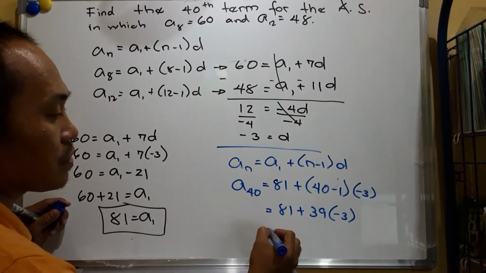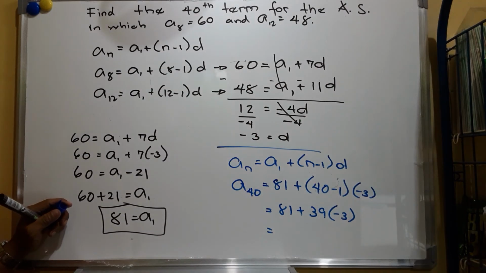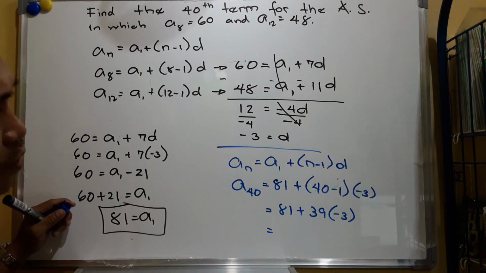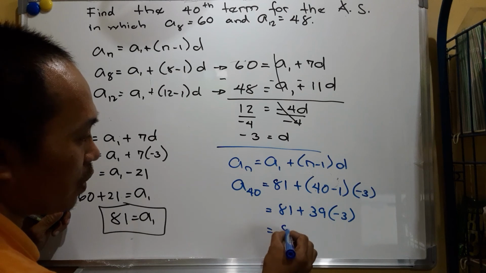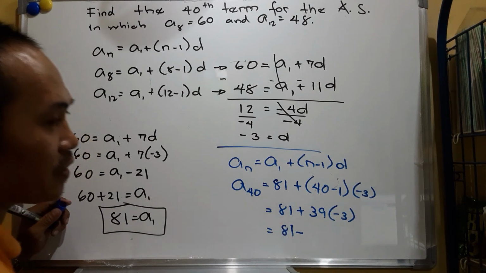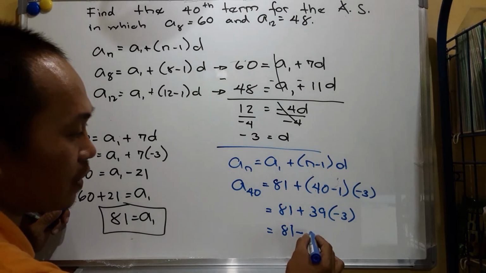Just tell me if I made a mistake and message me. So, that is 81 minus 39 times 3, which is 117.